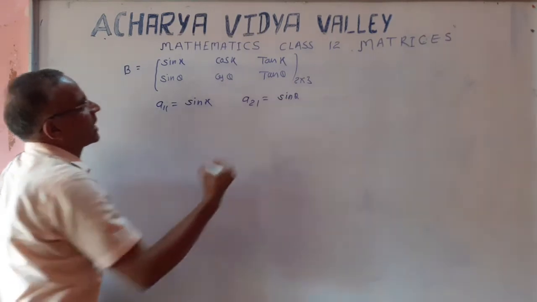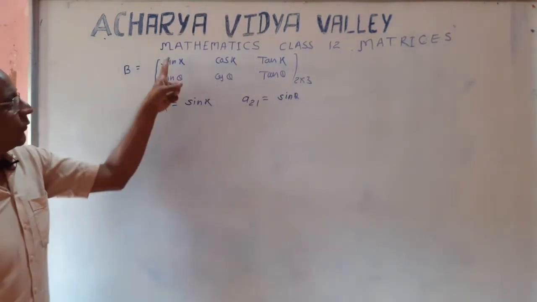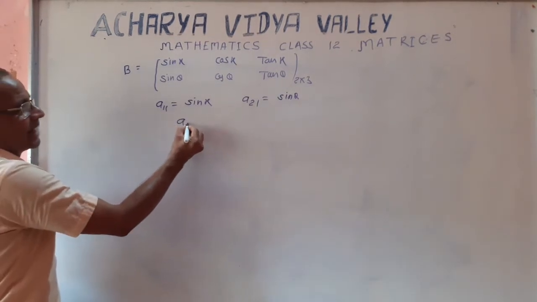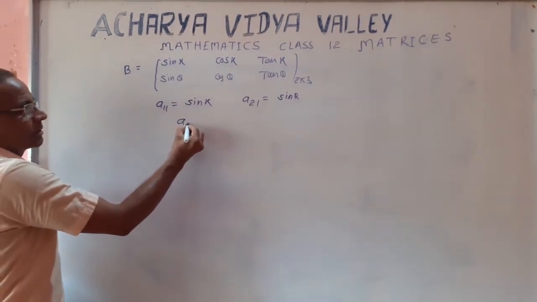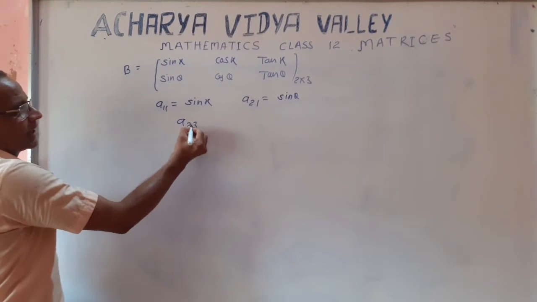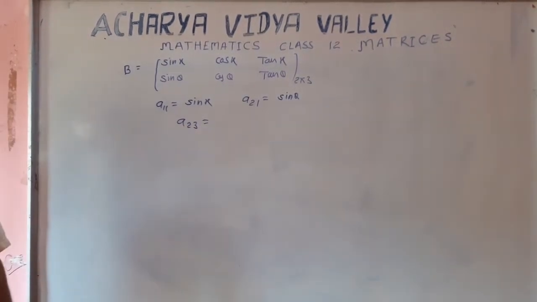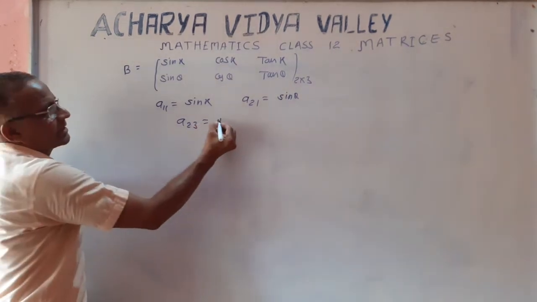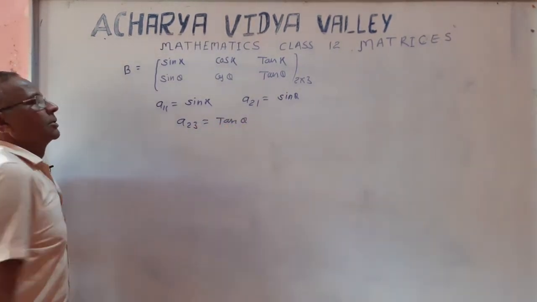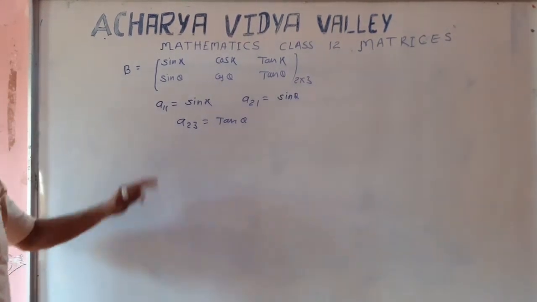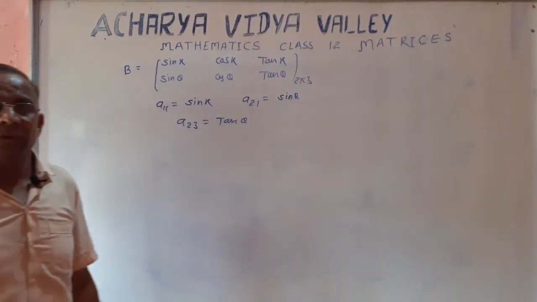Another element is A23, the element of second row and third column. It is tan theta. So we can find all elements in the matrix.